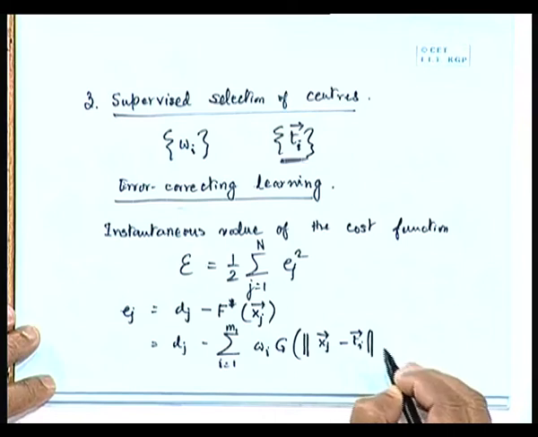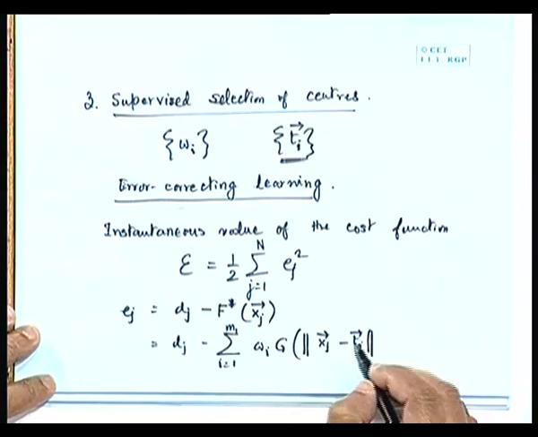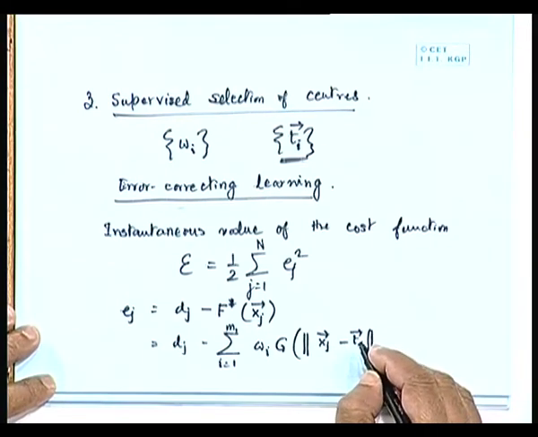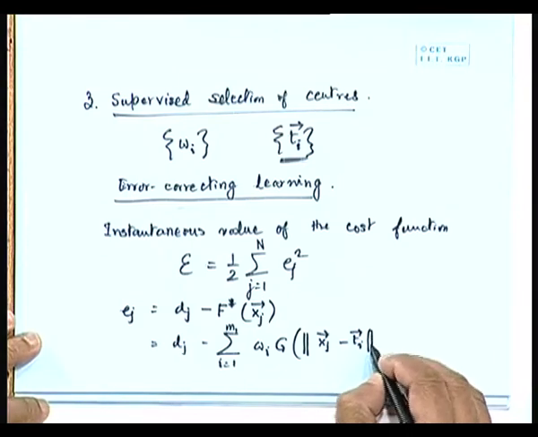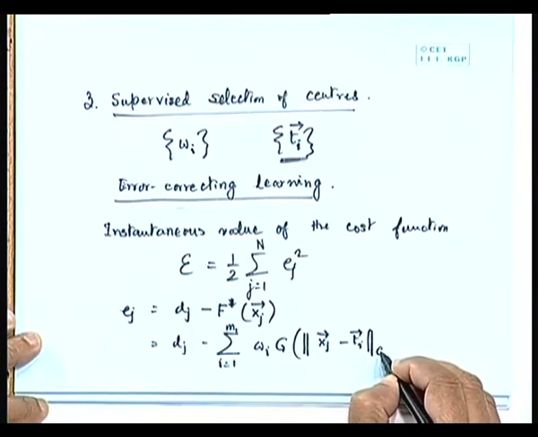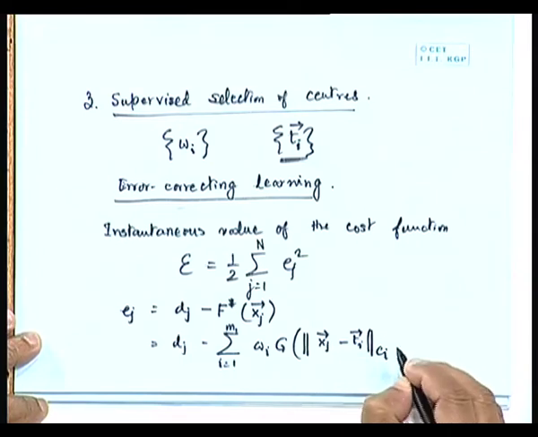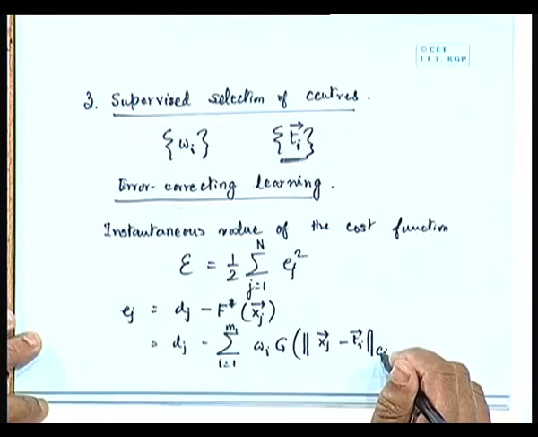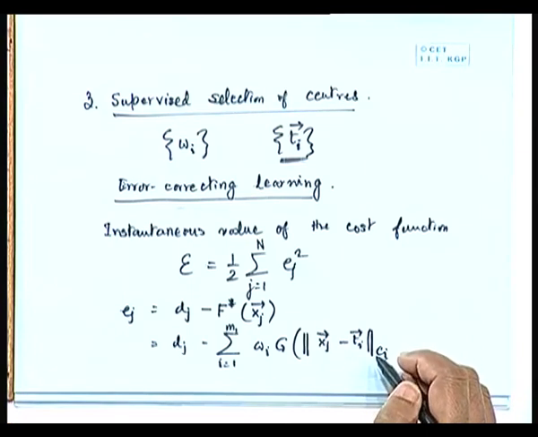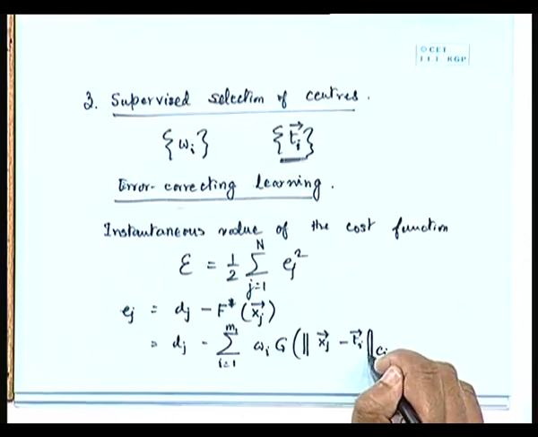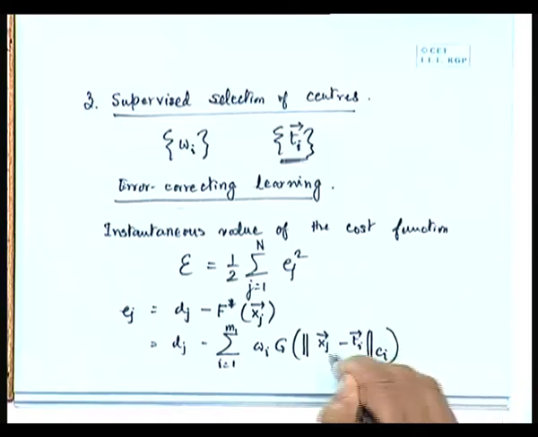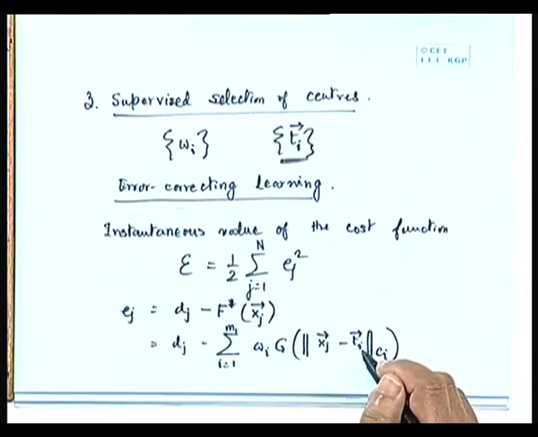Instead of the Euclidean norm, we choose the weighted norm as the argument, with the weighting matrix C i. This is the ith Green's function, and this is our instantaneous error.